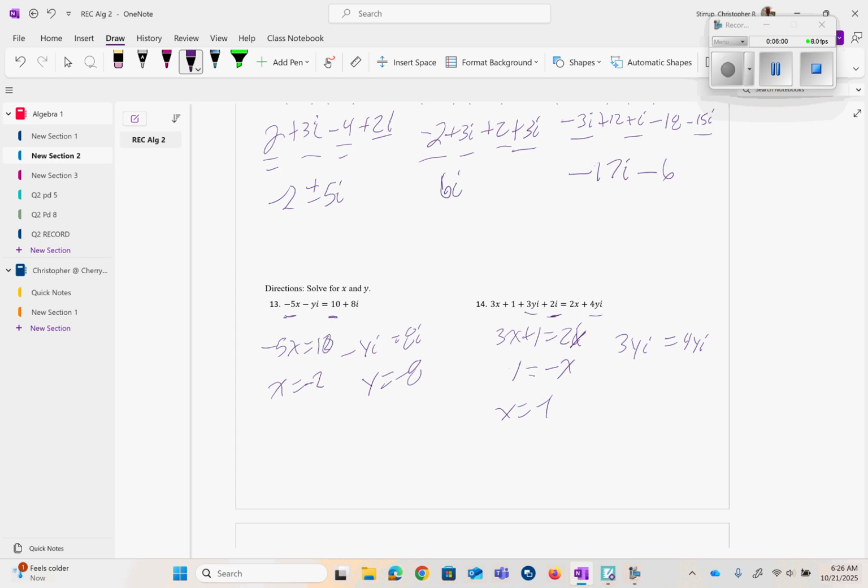Oh, we had that too, didn't we? Okay, so 3i plus 2i equals 4yi. I can go ahead and factor a y and i out of both of those. Divide each side by i. Subtract 3 from both sides. There we go.